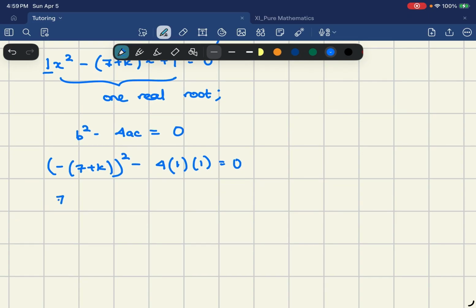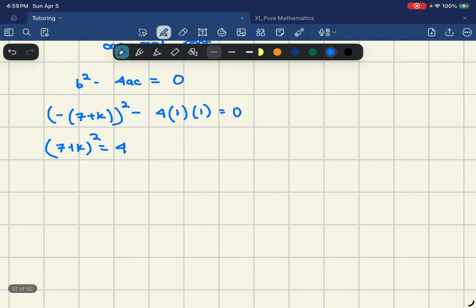So basically we have 7 plus k squared should equal to 4, right? 4 times 1 is 4. If I add 4 on both sides, I get this equation. So now 7 plus k is equal to plus or minus 2. If 7 plus k is positive 2, if I square positive 2, I get 4. If 7 plus k is negative 2, if I square negative 2, I still get 4. So positive and negative 2 both are valid answers.